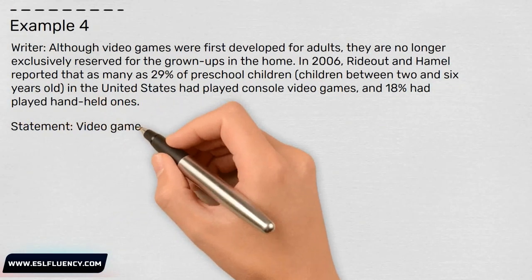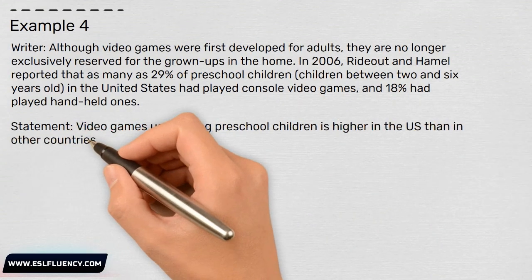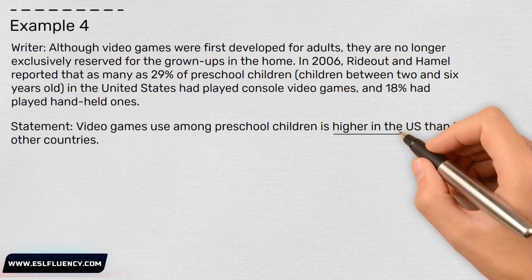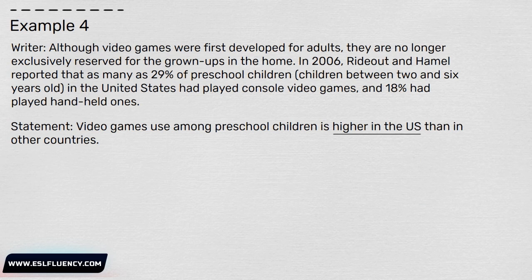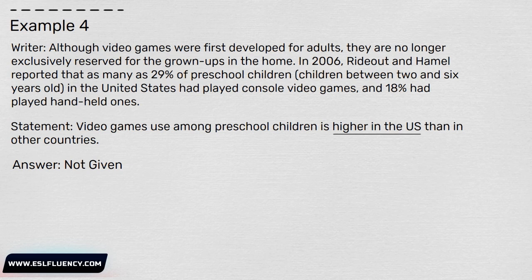Statement: Video game use among preschool children is higher in the US than in other countries. Well, the first sentence talks about both adults and children playing video games now, nothing about which group plays more. The second sentence talks only about the US and no mention of other countries. So we don't really know anything about other countries compared to the US. That piece of information is missing, so the answer is not given.